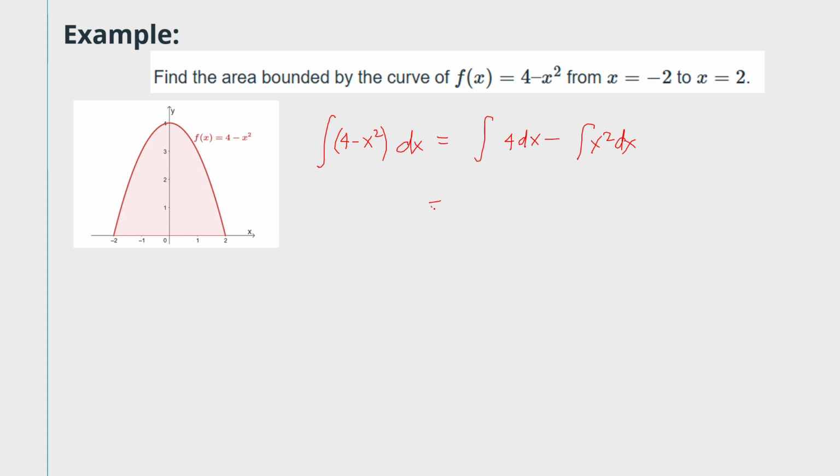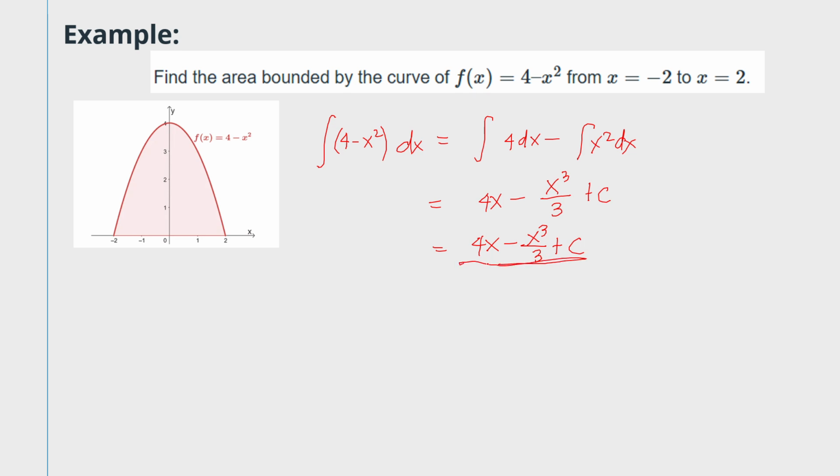Next, we are going to have 4x minus x cubed over 3 plus c. Okay, this one is correct. So 4x minus x cubed over 3 plus c is the final answer for this one.